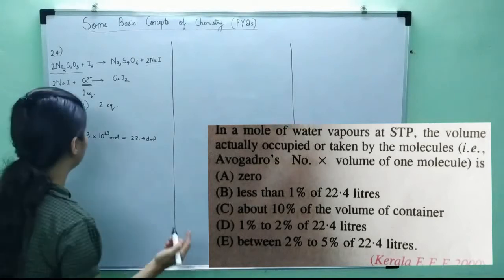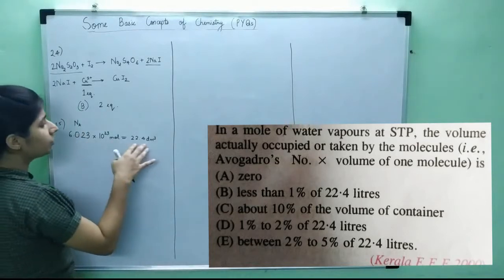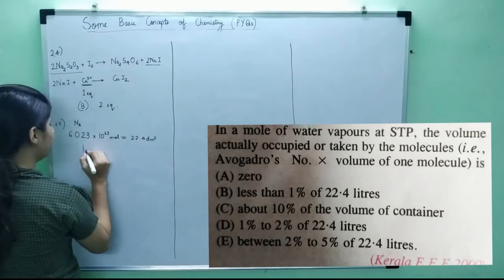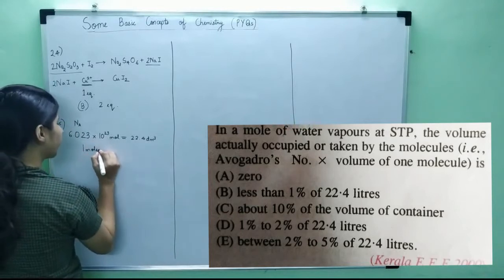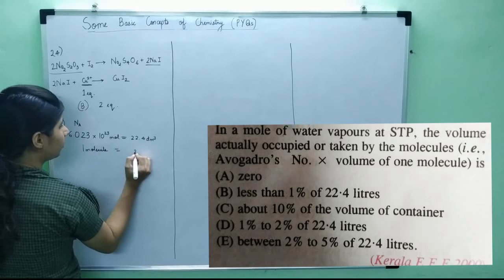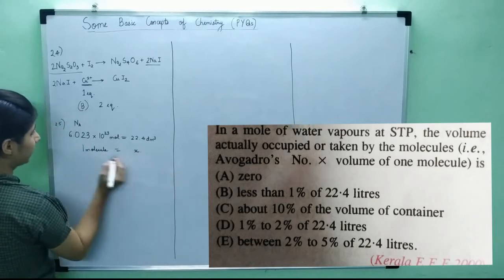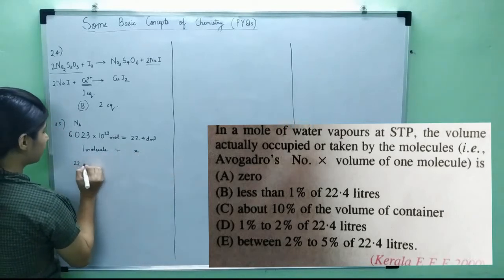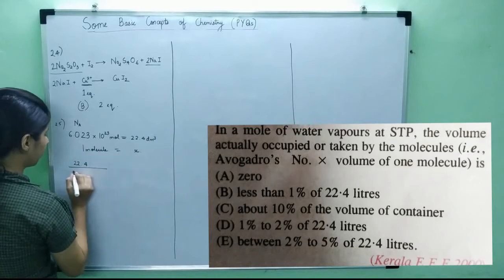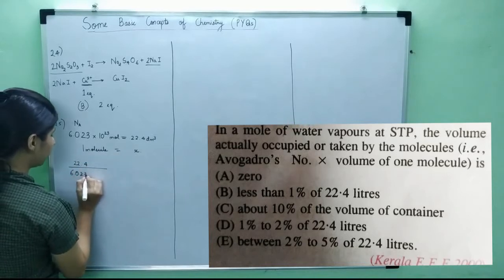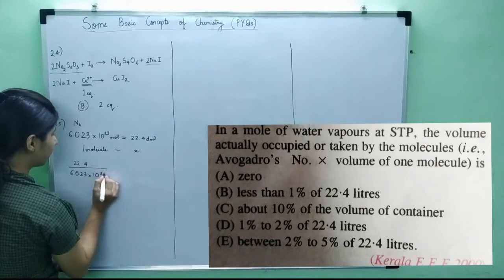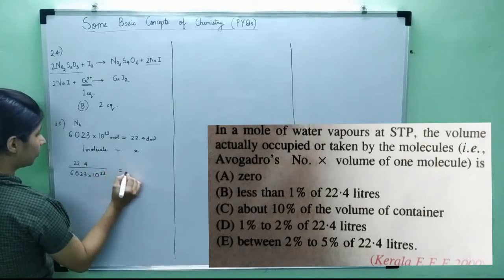Then what I have to find out is the volume of one molecule. If these many molecules occupy 22.4 decimeter cube, how much would one molecule occupy? The volume of one molecule would be X. So this would be 22.4 into 1 upon 6.023 into 10 to the power 23. This would come out to be the volume.